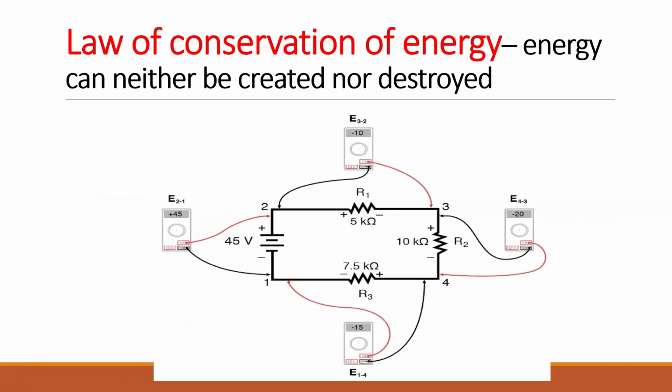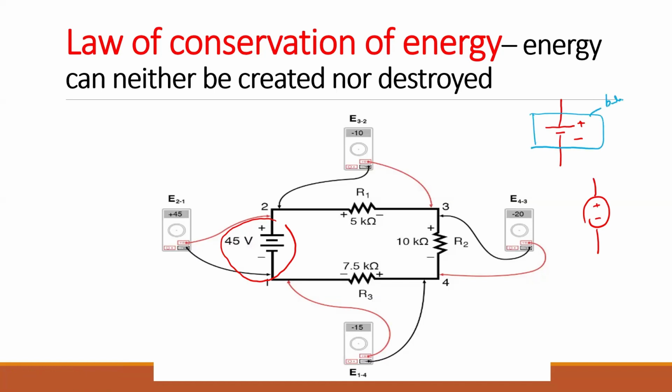Okay, now let's look at the energy. I told you some elements are supplying energy. In this case, you can see this is a voltage source. This is again a voltage source. It also has a positive side and a negative side. I told you this is a voltage source, but this is also a voltage source. This is for a battery.